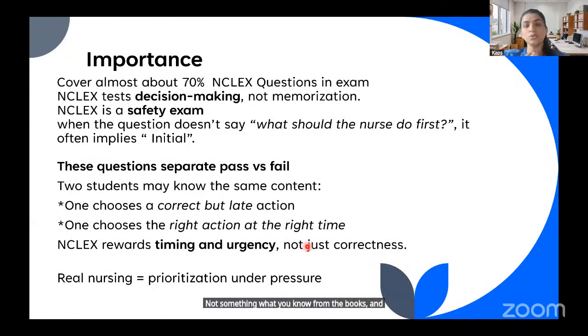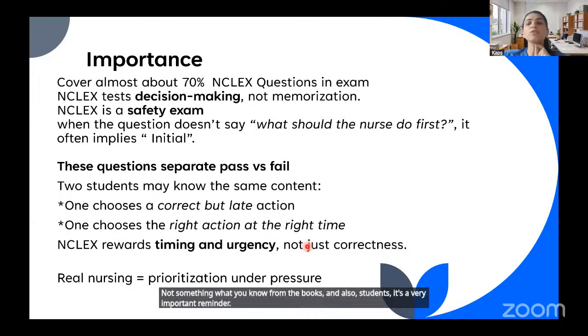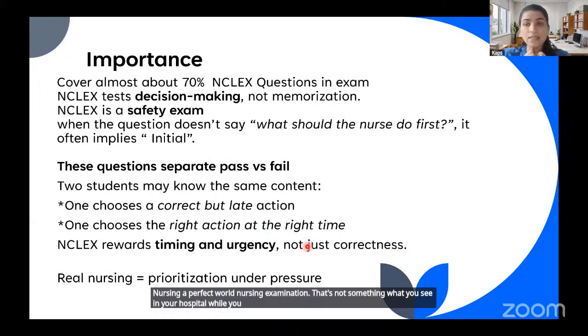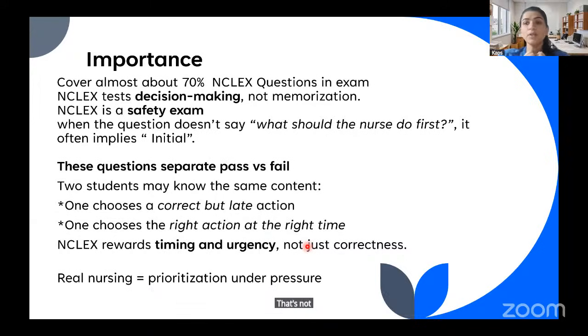And students, it's a very important reminder: not something you know from the practicum. Remember, the NCLEX is a universal examination. It's a real world, perfect world nursing examination. That's not something you see in your hospital while you're practicing somewhere, not something your colleagues or the doctors are doing on the floor with you.